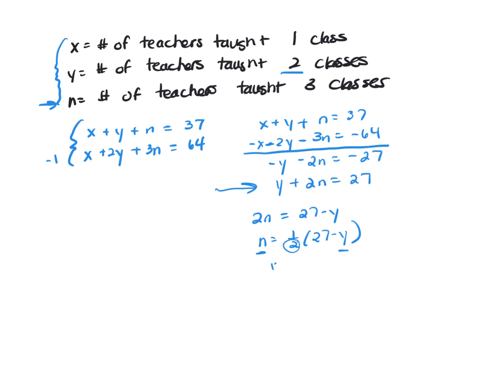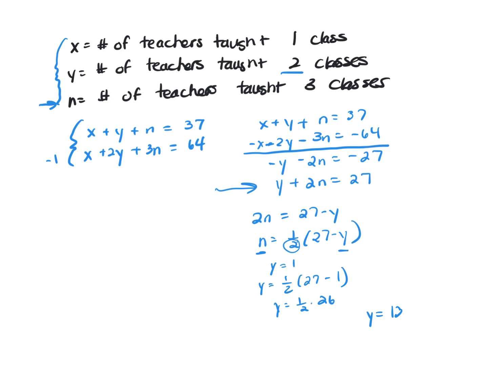So let's let y equal 1. If y is 1, I've got n equal 1/2 times 27 minus 1. And that's going to be 1/2 times 26. That's going to be 13. N equal 13. I changed my variables around. I apologize.